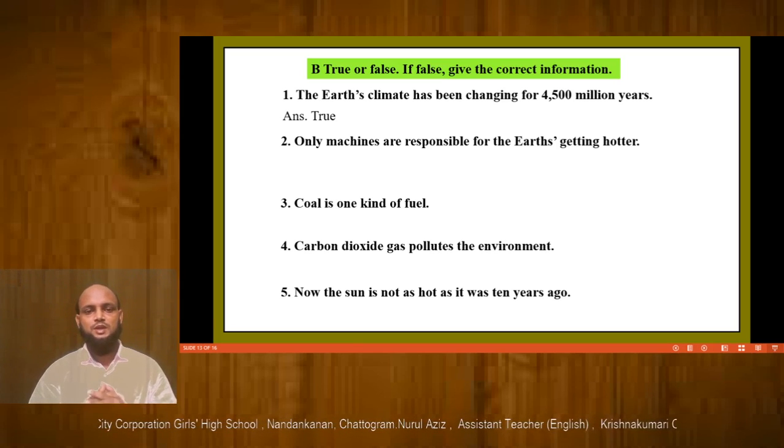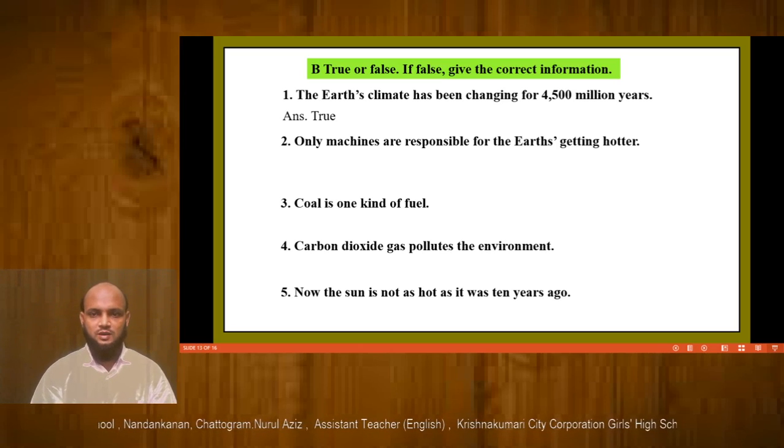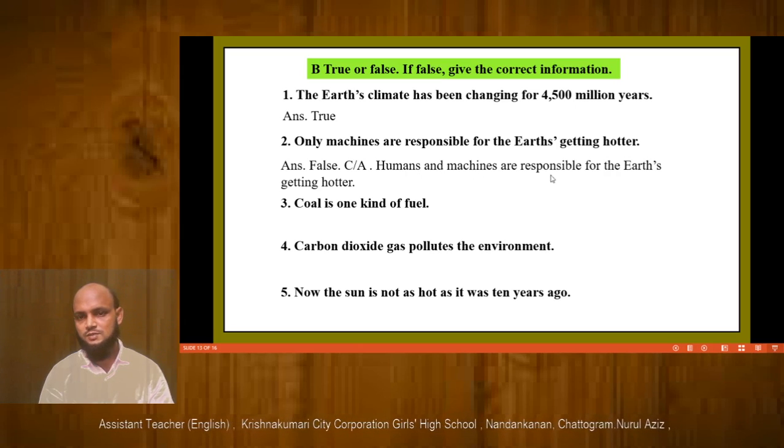No, human beings are also responsible. Not only machines, human beings are also responsible for the earth getting hotter. So is this true or false? This is false. What should be the correct answer? Humans and machines are responsible for the earth getting hotter.